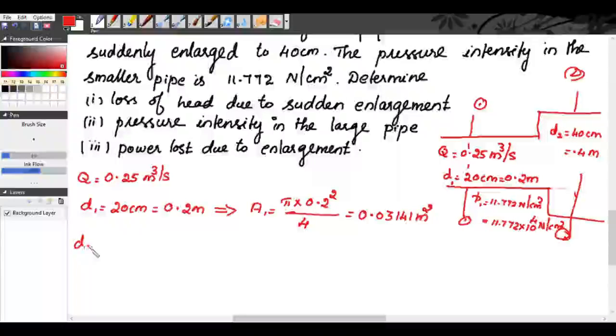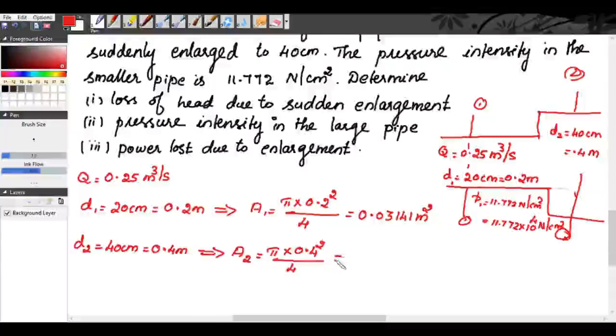Similarly from D2. D2 is given as 40 centimeter, that is equal to 0.4 meter, from which we get A2, the area at section 2, is equal to pi D square by 4. So pi into 0.4 square divided by 4 is equal to 0.12566 meter square.